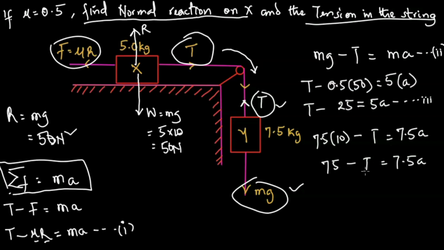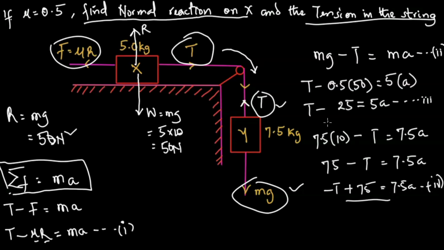We can rewrite this so it's easy for us to solve. Bringing T first, 75 minus T is the same as minus T plus 75 equals 7.5a. So we have equation 4.